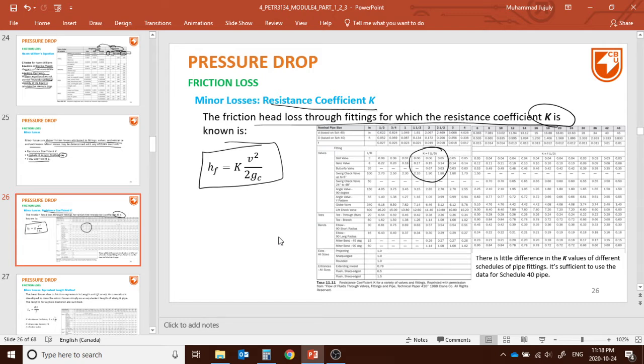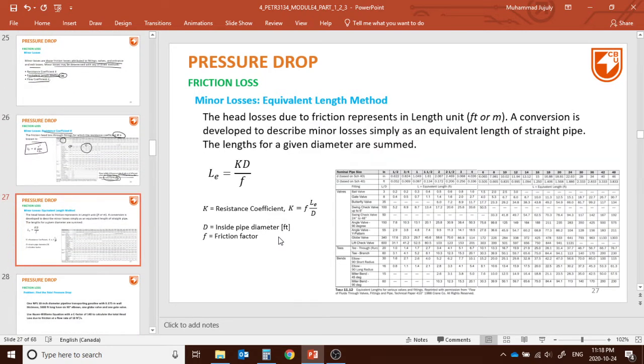This is the L by D and this is the F, so K is a function of L by D. There is only a little difference in K values for different schedule pipe fittings, so it is sufficient to use data for schedule 40 pipelines, which is what we most commonly use.